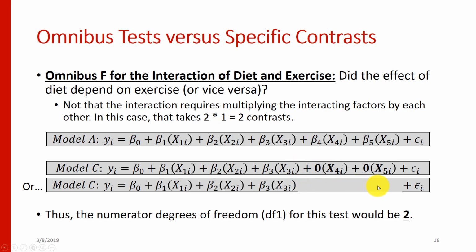Either way, right, it has the same effect on what our model actually estimates. And then again, we'd get the sum of squared errors for model A, sum of squared errors for model C, calculate the proportional reduction in error, convert that to an F statistic, and then we could do a model comparison, and the numerator degrees of freedom for this F observed would be 2, because there are 2 more parameters in model A than there are in model C.